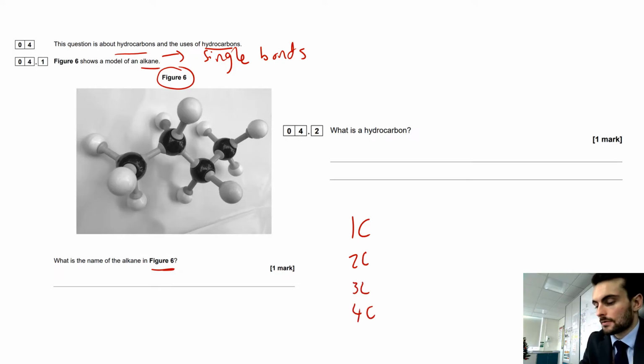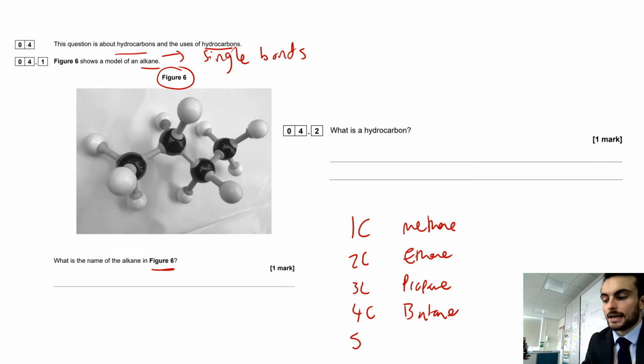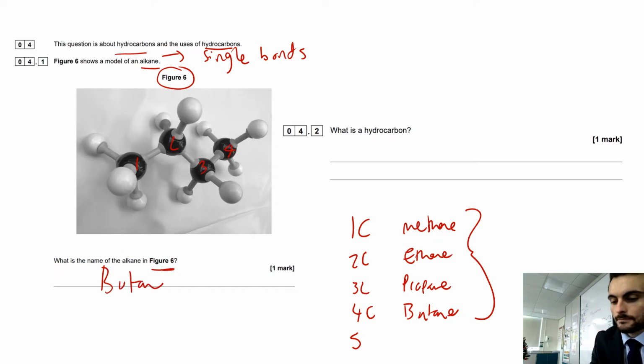First one was methane, second one was ethane, third one was propane, and the fourth one was butane. And then after that, 5 pentane, 6 hexane, as in hexagon, 7 heptane. The rest are easy, you just need to remember these 4. How many carbons has it got? 1, 2, 3, 4, so it is butane.